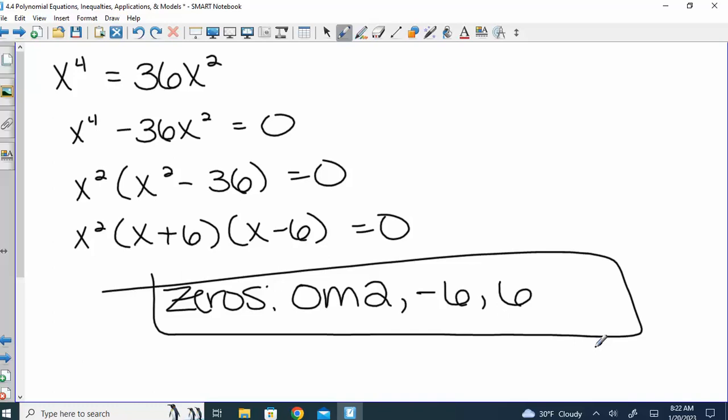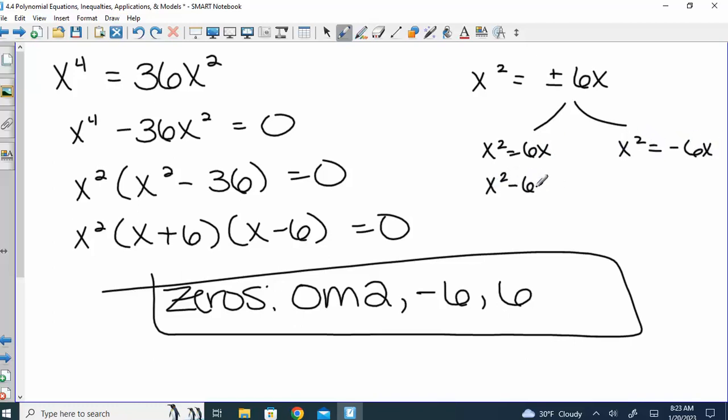Miss Starkle, from the beginning, if you took a square root from both sides, would it work? A fourth root? Can you take a fourth root? Okay, if you did a square root, you would have x squared equals plus and minus 6x. Then you would have to do two equations: x squared equals positive 6x and x squared equals negative 6x.